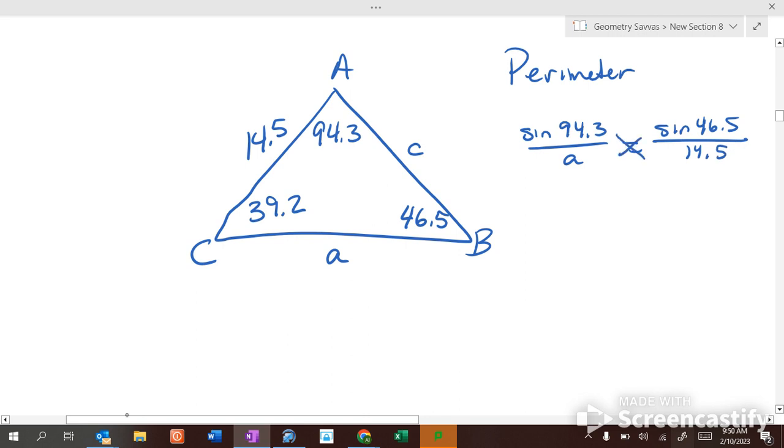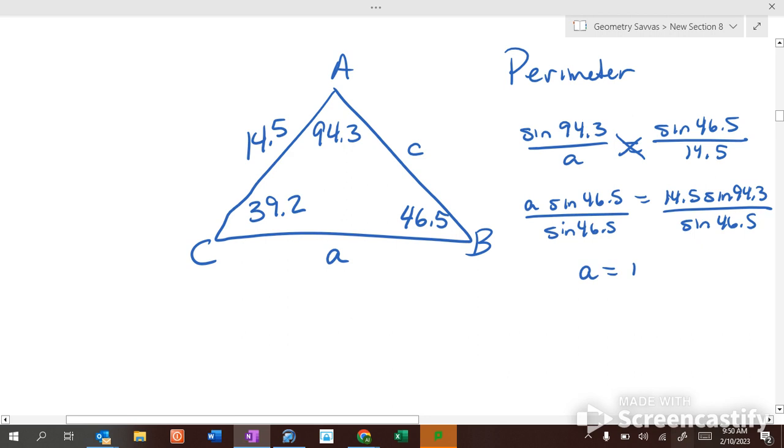Cross multiply. A sine of 46.5 equals 14.5 sine of 94.3. And then divide by the sine of 46.5. 19.9. Yeah, round to the nearest tenth, 19.9.